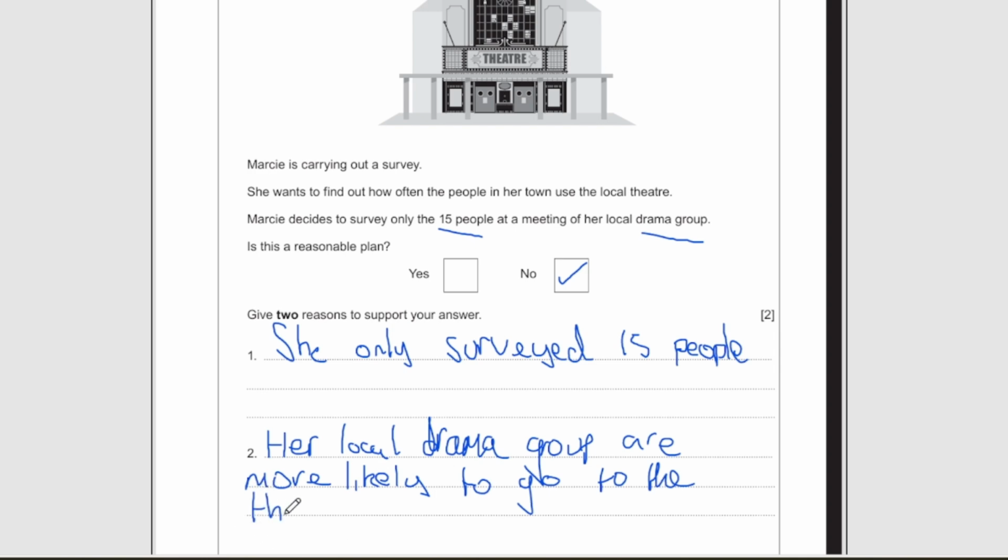There we are. So that's why it's not a reasonable plan. But again, there's more than those two reasons. So anything else you can think of, you're more than welcome to put on the answer here. They're the two main reasons though.